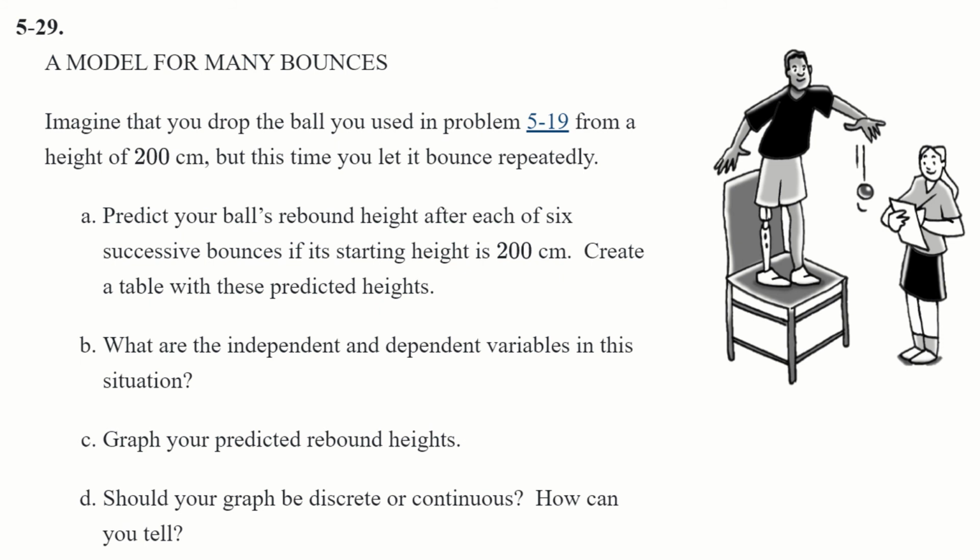So I would say the number of bounces is independent, and the height of the ball depends on the number of times it has bounced. So I'm just going to say our independent variable will be number of bounces, and the dependent variable would be the height of the ball after that bounce. Graph your predicted rebound heights.